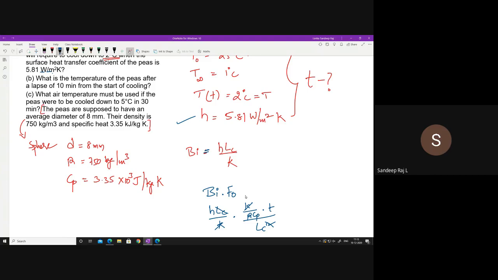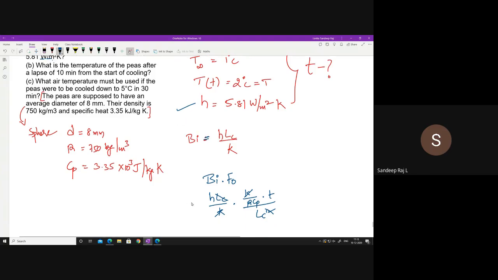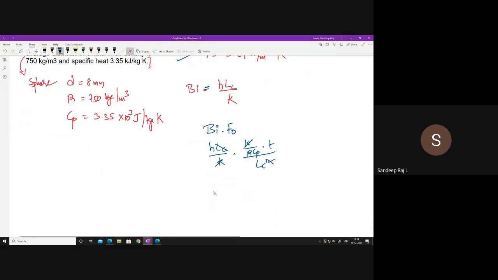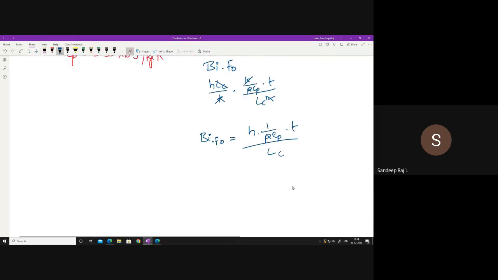So without k also, you can do the problem. So what we have here for Biot into Fourier is equal to h into 1 by rho Cp into t by Lc. That's what the Biot into Fourier value is.